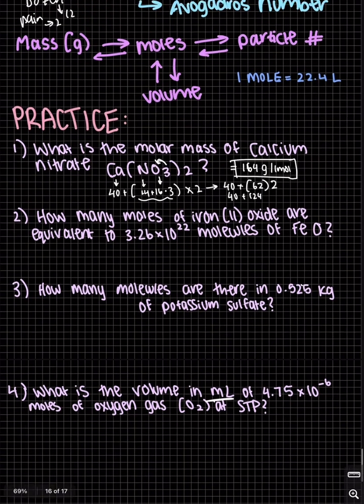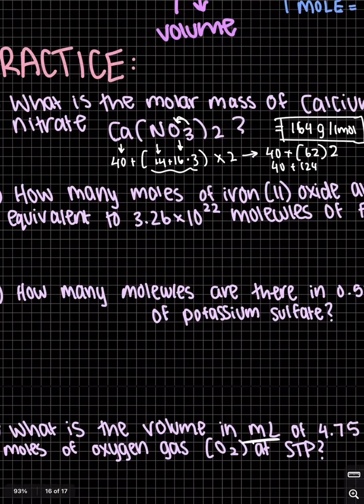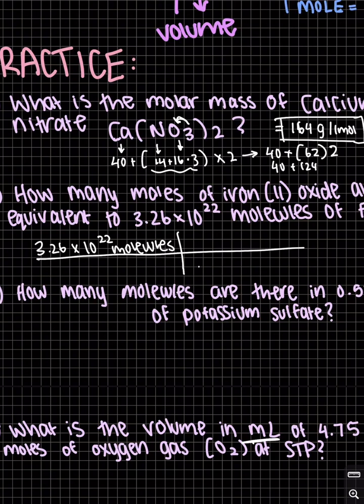So the way it works is that you want to set up your dimensional analysis table. I have 3.26 times 10 to the 22nd molecules, and I need to convert it into moles, meaning that I want to bring molecules down here so I can cross it out, meaning that 1 mole is equal to 6.02 times 10 to the 23rd molecules.